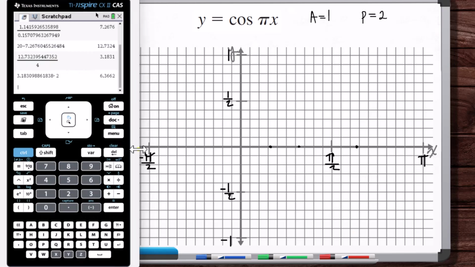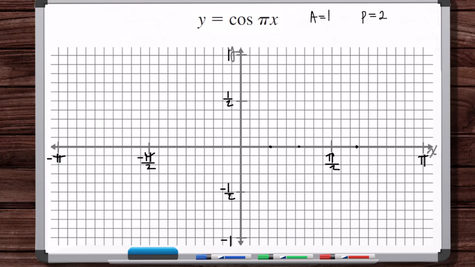Now add another, 9.5. So here's 10, right in there. Okay, so we haven't flipped anything. So at 0, cosine is going to start at 1, and then at the end of the period, it's going to be at 1.